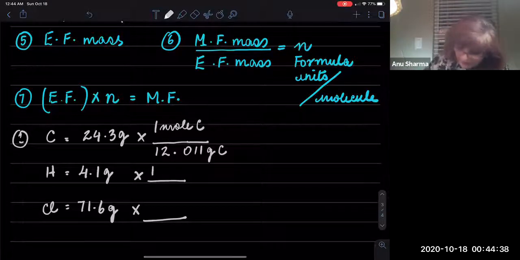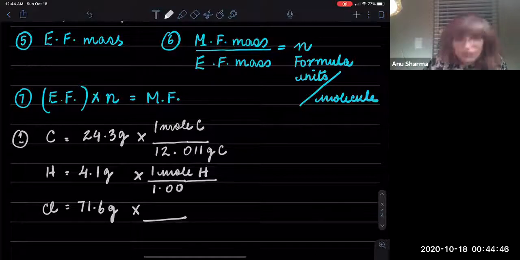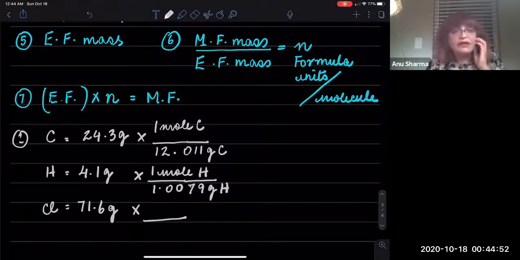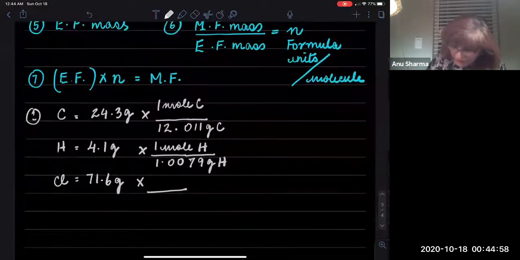For hydrogen, 1 mole of hydrogen is 1.0079 grams of hydrogen. This is again the exact mass number of the hydrogen element as I see on the periodic table.